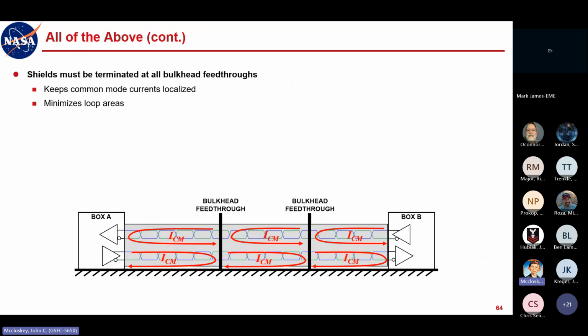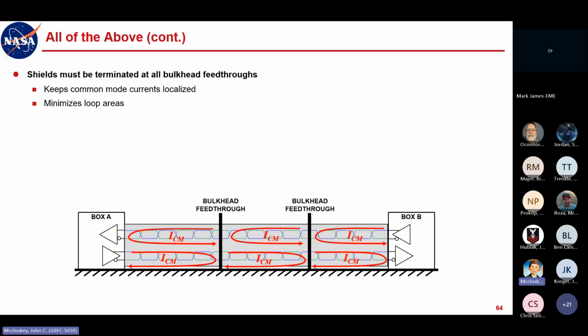Right. So if you look at this configuration, and let's just say each one of those lengths is a meter. So you have a full 3 meters, and you choose to isolate those shields at each bulkhead feed-through. Well, you've got a 3-meter resonant length. And that is likely to generate radiated emissions when that 3-meter length is most likely a half wavelength.